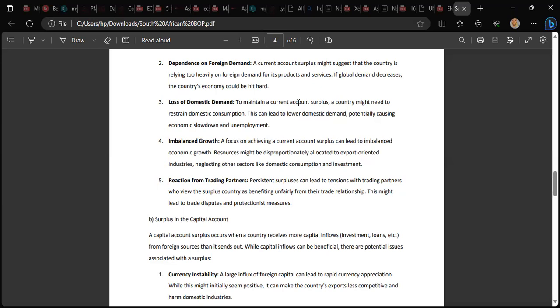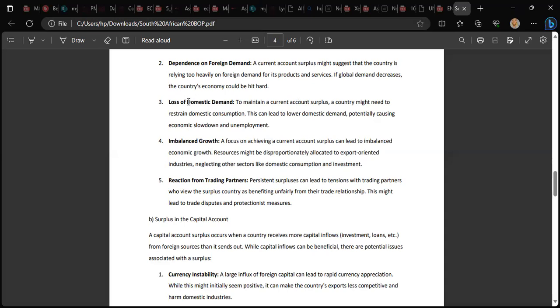You'll notice that such a policy is not going to affect exports, because exports originate from out of the country, so we don't have direct control of that. But by limiting our imports and maintaining the exports at one level, we can basically have a current account surplus there.